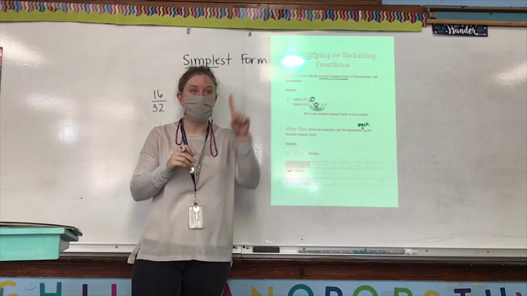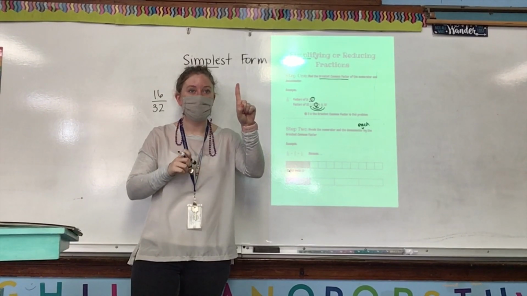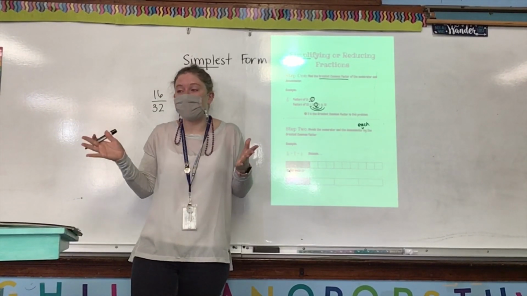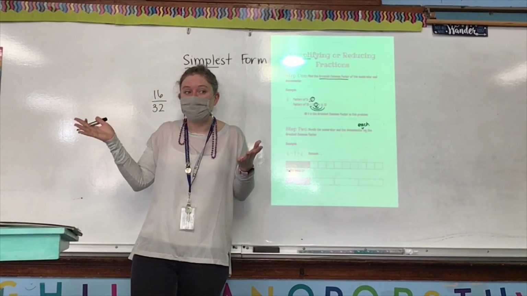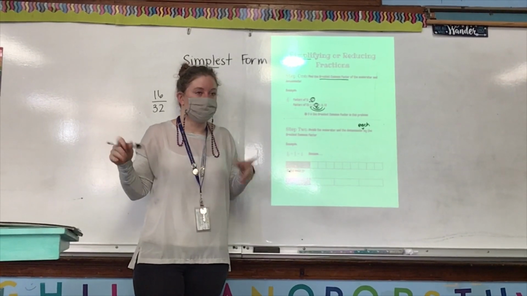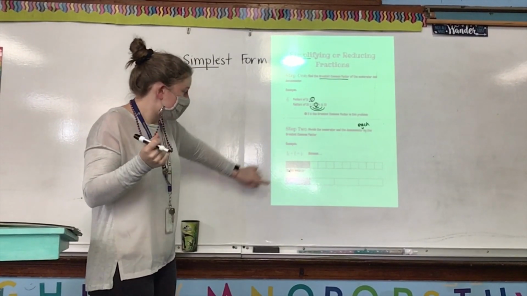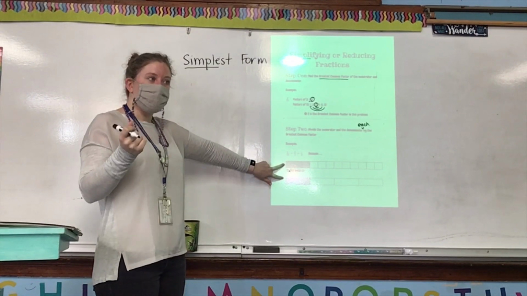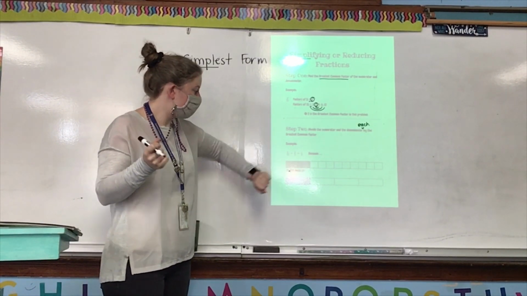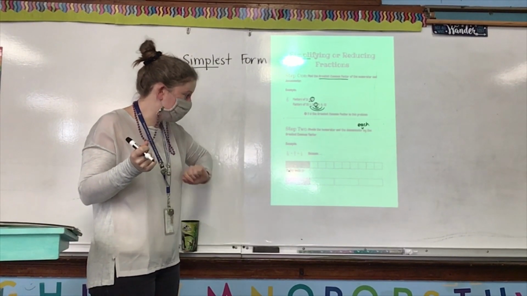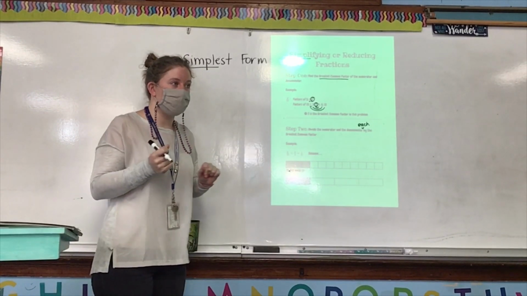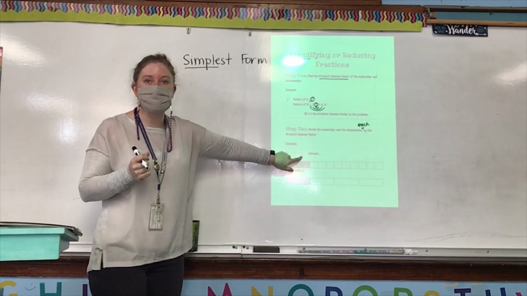Lena? 1. What is that 1 factor? 1. So if there's a 1 in the numerator spot, it's already in simplest form. That's just how it is. And if we look, we can see that they're equivalent. 3/12 and 1/4 take up the same amount of space, but 1/4 is in simplest form.